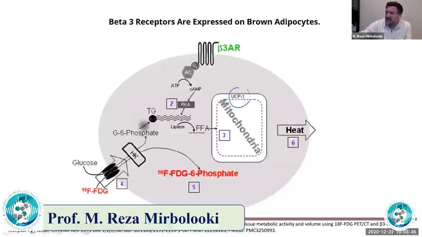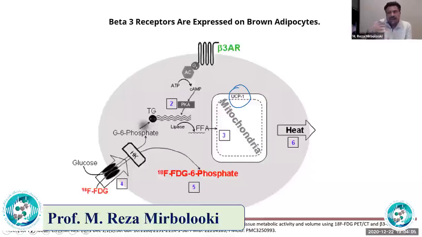which is called UCP1. Uncoupling protein 1 basically wastes the hydrogen ions in the inner membrane space of the mitochondria, so these hydrogen ions are not used to create ATP.